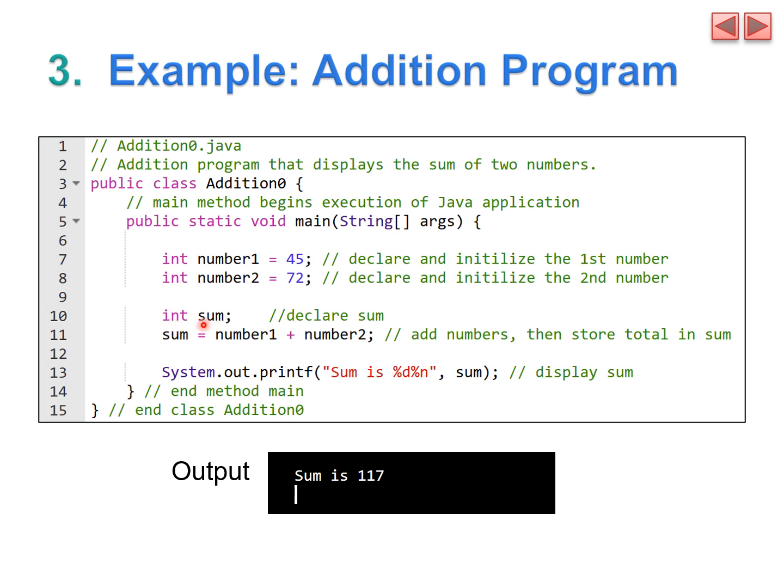After this declaration, variable sum does not have a value yet. In the next statement, we assign to the variable sum the value equal to the sum of the value in variable number1 and the value in variable number2. And finally, we display the value of sum in a formatted string. This is the output when the program executes.